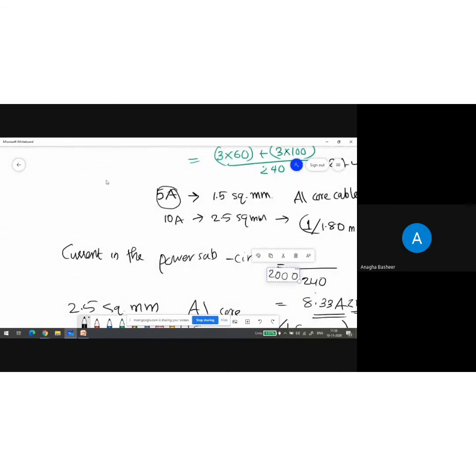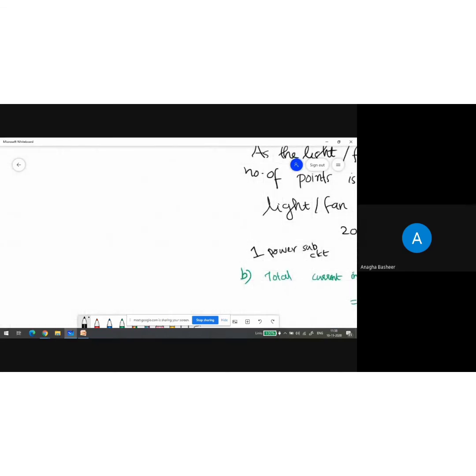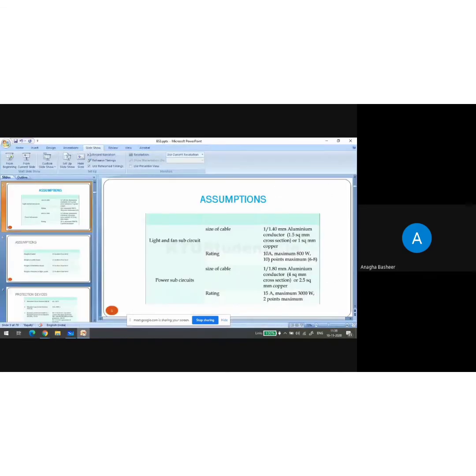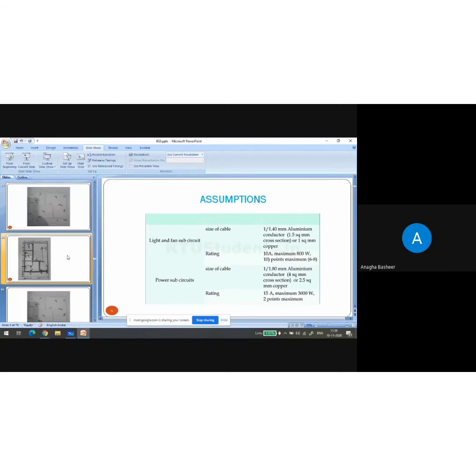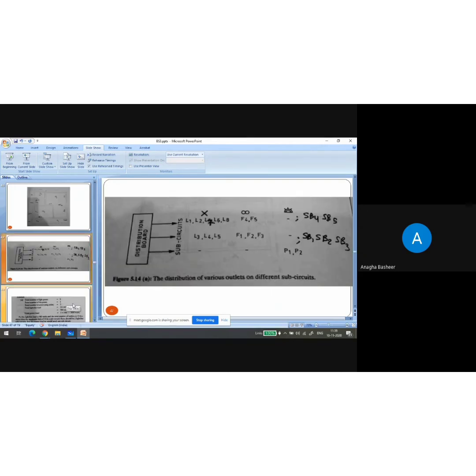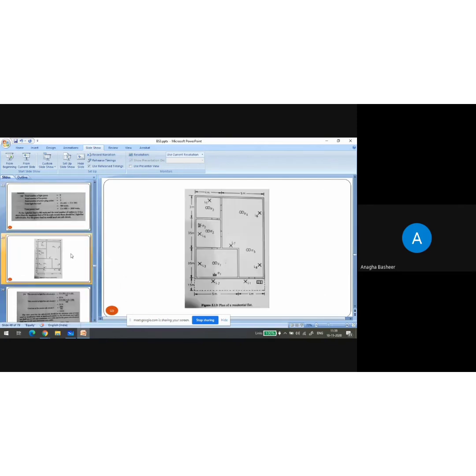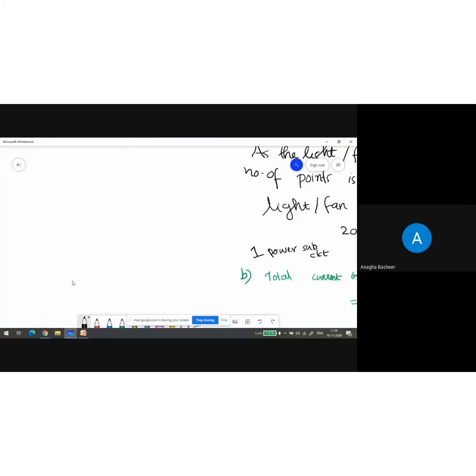We'll revise once more the things we have explained, how to draw a layout if the plan is given, and how to draw, after calculating the number of sub-circuit, you can draw the layout like this. Repeat once again.